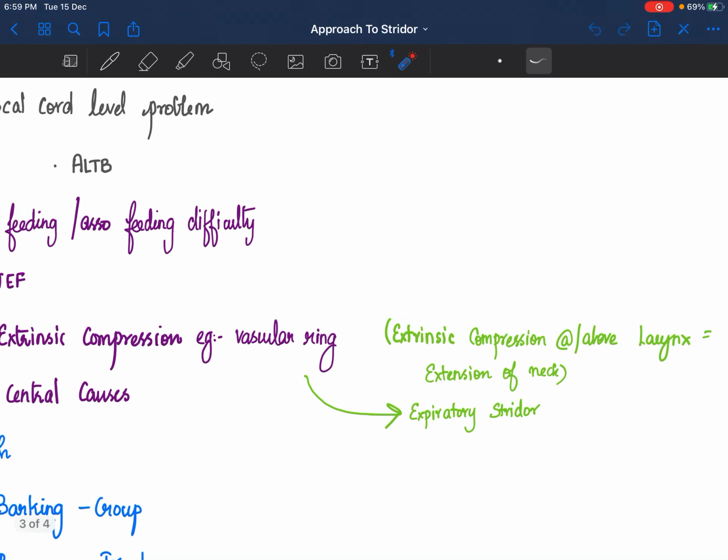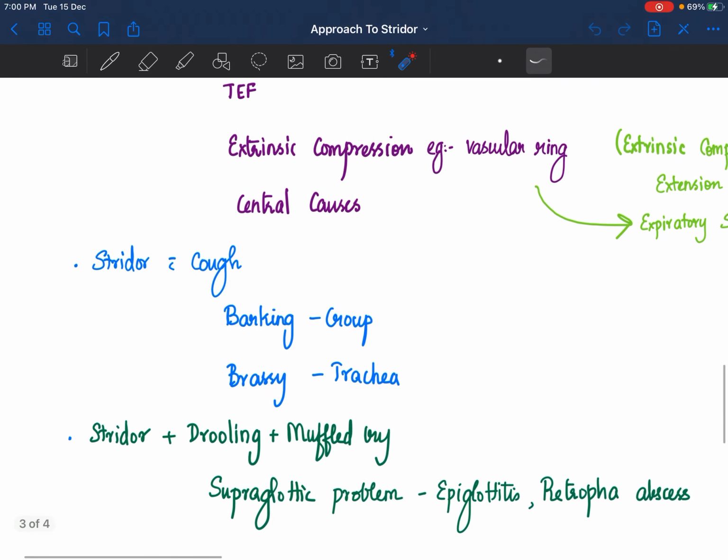Extrinsic compression at or above the larynx, child can present with extension of neck. And remember, intrathoracic tracheal problem will give rise to an expiratory stridor, whereas an extrathoracic tracheal problem will give rise to an inspiratory stridor. I will tell about the mechanism in just a moment.